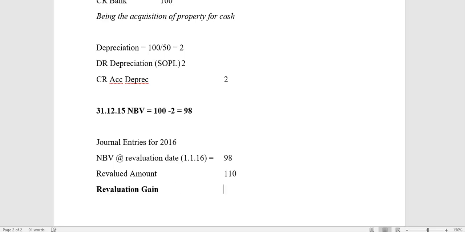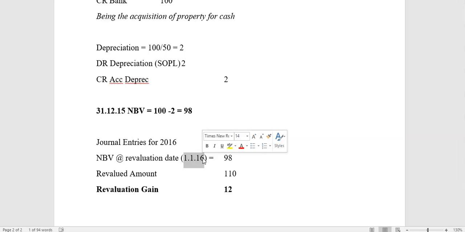This is under IAS 16, a revaluation gain of 12. So that's your first step always, if you remember back to IAS 16 in your AF1 studies. Calculate the revaluation gain or loss. Compare the net book value, and be careful, because we are revaluing it at the 1st of January 2016, that means we don't charge depreciation until after the revaluation takes place.